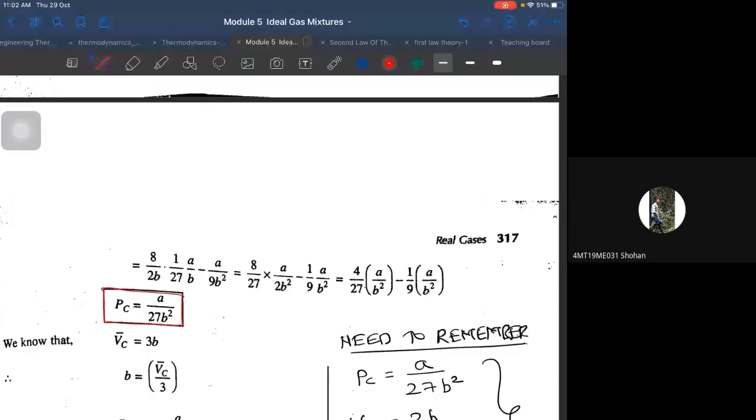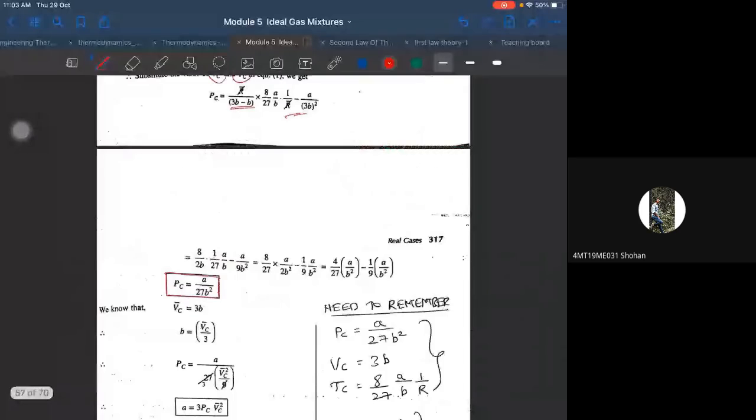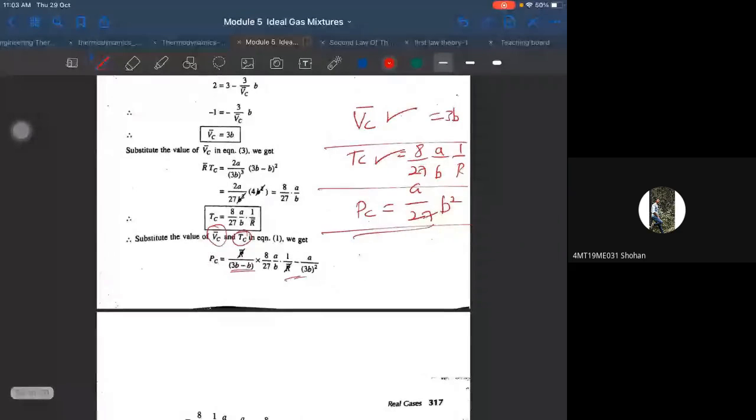So the PC value you can calculate as A divided by 27 B square. So the values of PC, TC and VC are calculated. 3B is VC, 8 by 27 A by B into 1 by R is the value of TC, and A divided by 27 into B square is your value of PC.